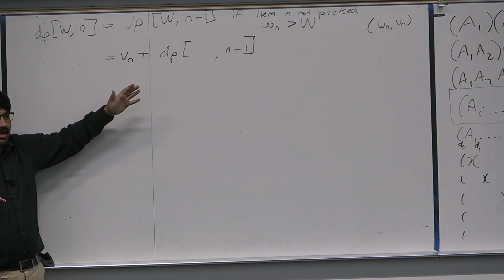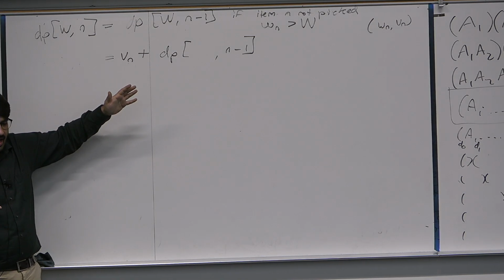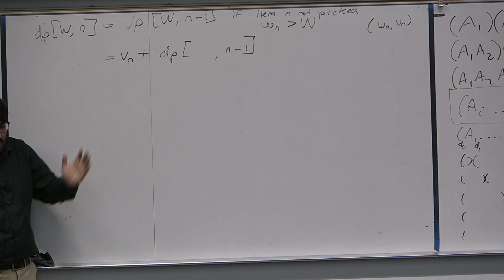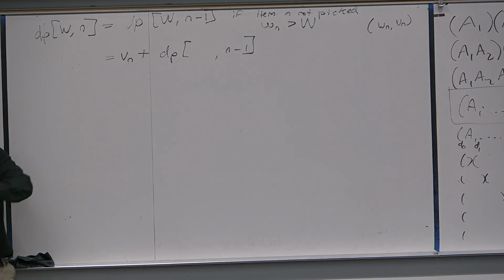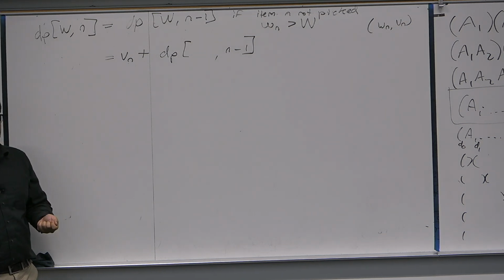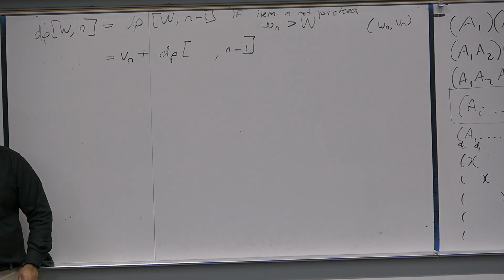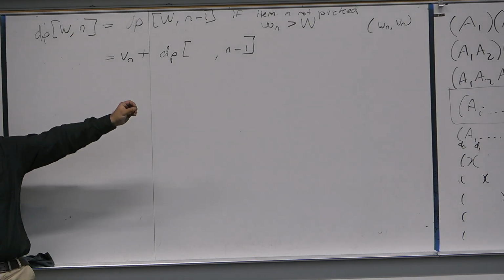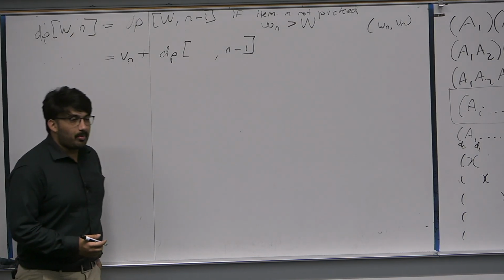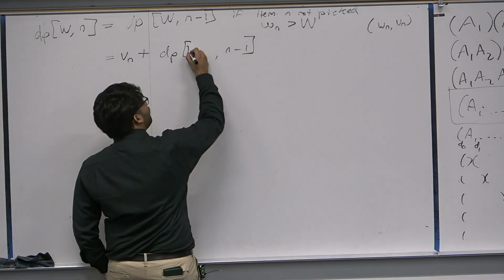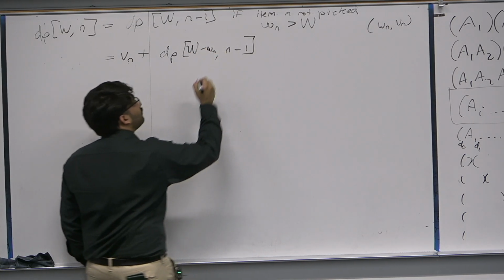Somehow you were able to steal some number of the other n minus 1 items without overflowing, at most, W. So the capacity ends up being W minus Wn.